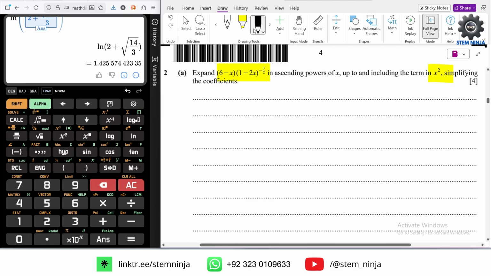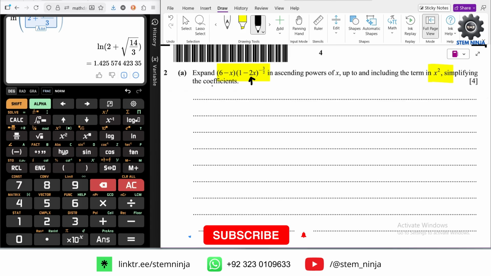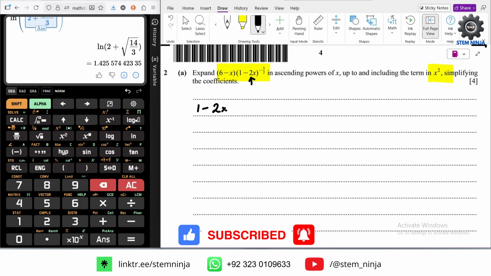Okay, so first off, what we will need is we'll need to expand this one. So this is already in 1 minus form, so this would be straightforward. So (1 - 2x).